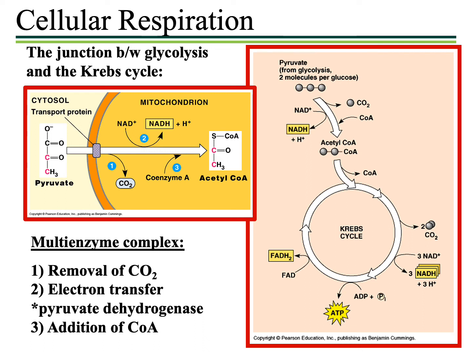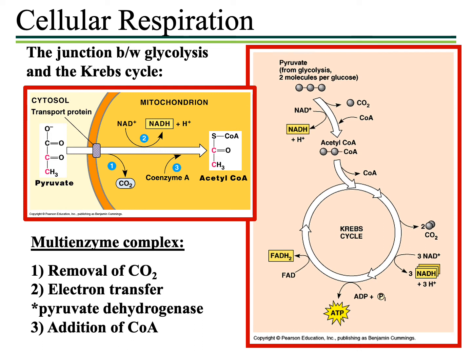However, in this case, what you can see from that figure is that pyruvate does in fact enter into the mitochondrial matrix, and there are a series of steps that takes place. Step 1 is the removal of a carbon in the form of carbon dioxide.